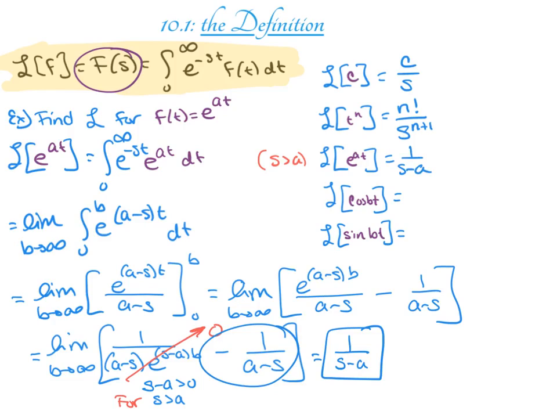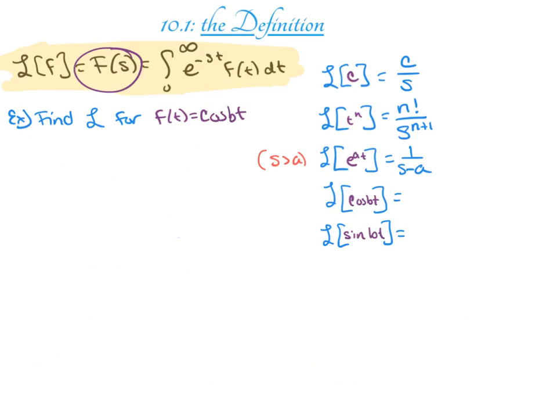Okay, now for the cosine. Now, admittedly, cosine of bt is the most intensive algebra one. I'm probably not going to be able to fit this on this page, but I'll do my best. So here we go. Let's find the Laplace of cosine, which is the integral 0 to infinity of e to the negative st cosine bt dt.